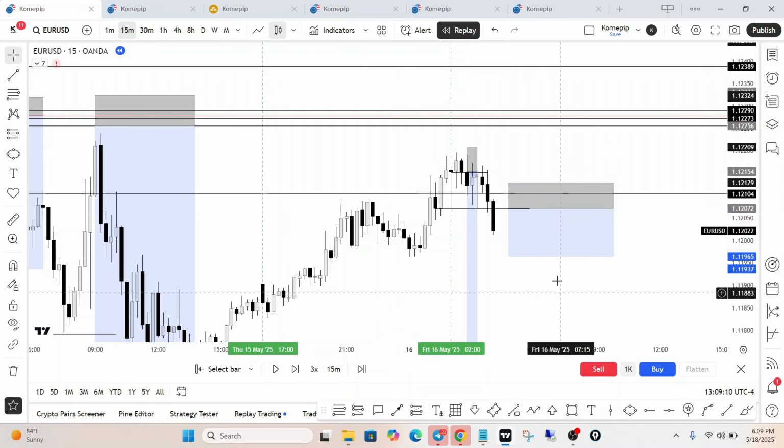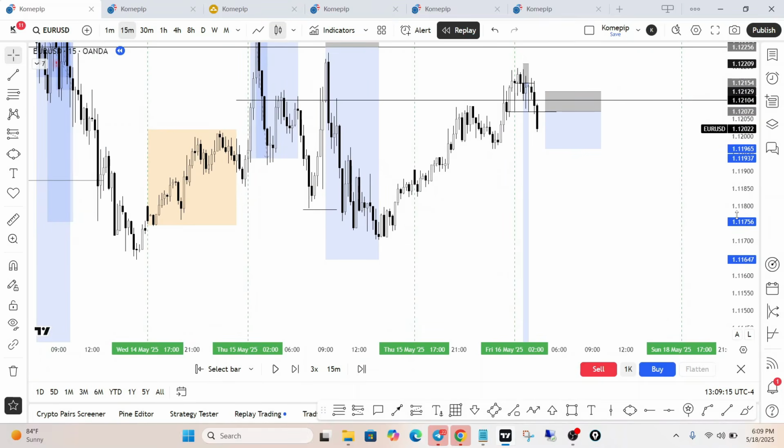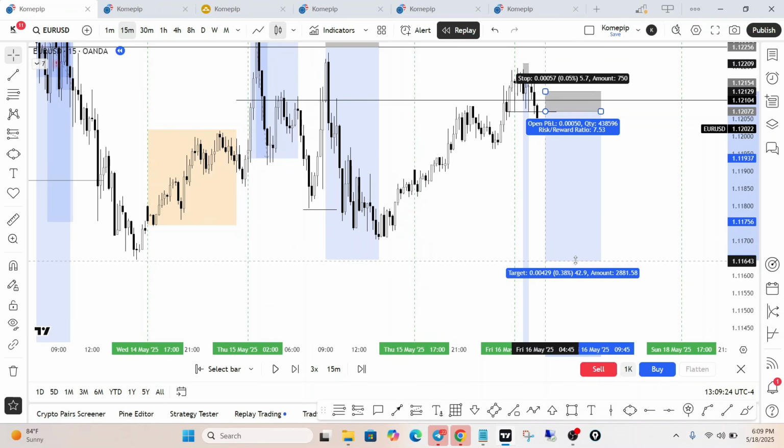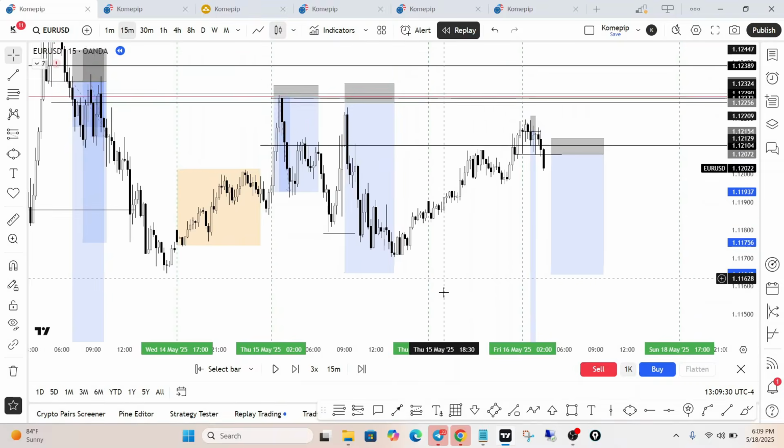Yes, somewhere there. That was my entry. And where is my target? I think my target was around here. It was around 1 to 7.5 risk to reward ratio. Yes, I think this was where I placed my take profit.